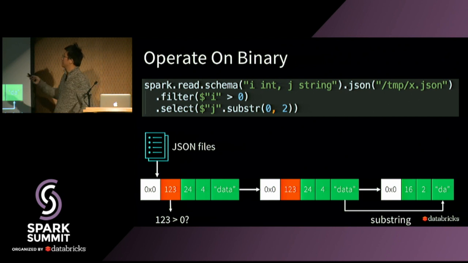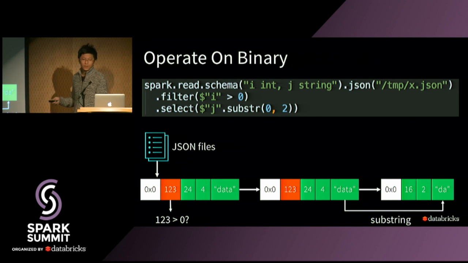So after this, now we have a complete data flow to read JSON files, do some computation, and output it all in binary format. So now you can see that Spark has a very efficient way to process data.